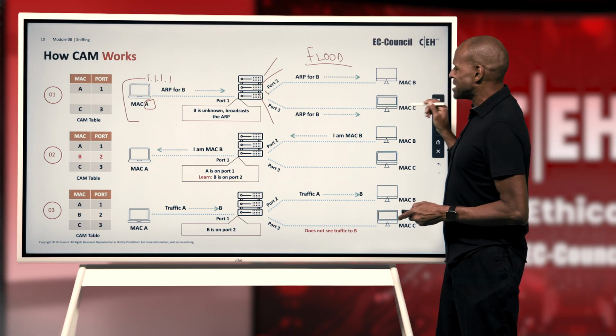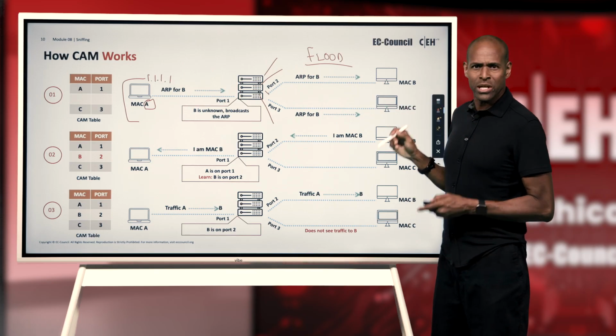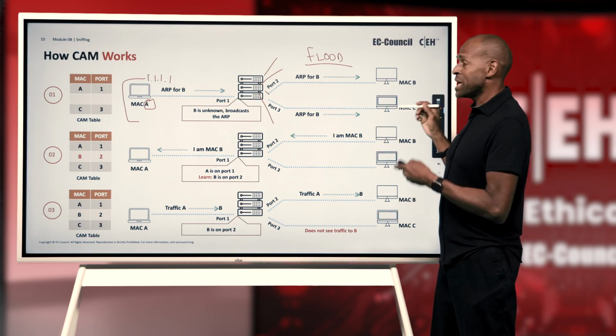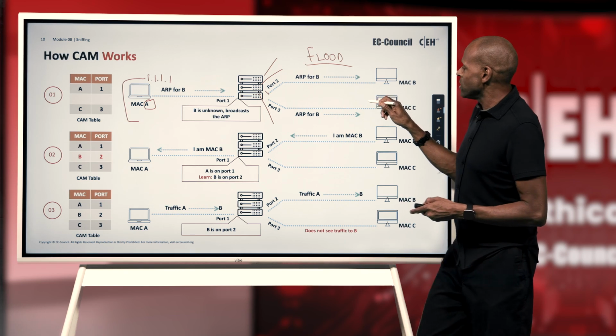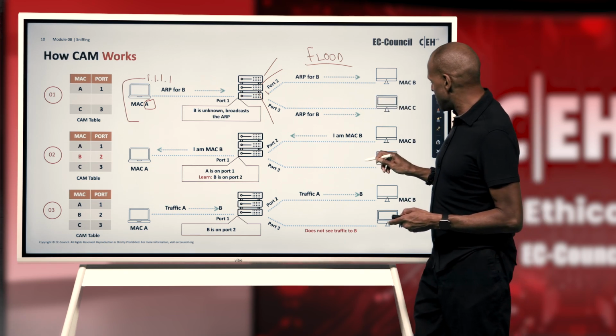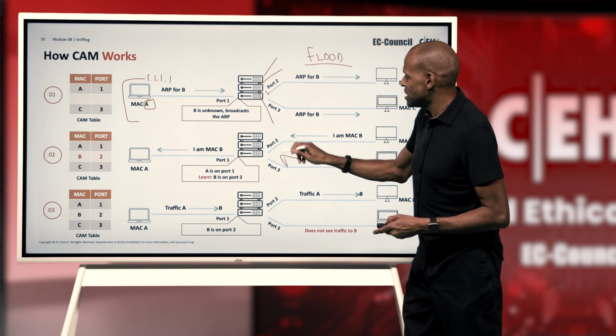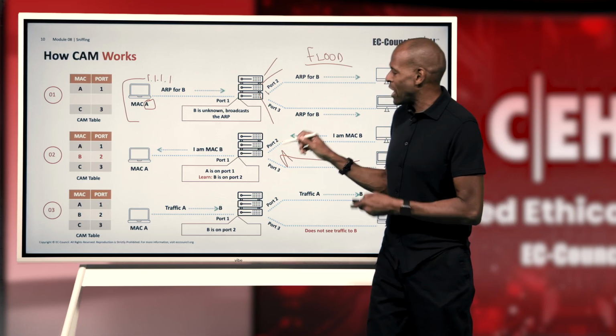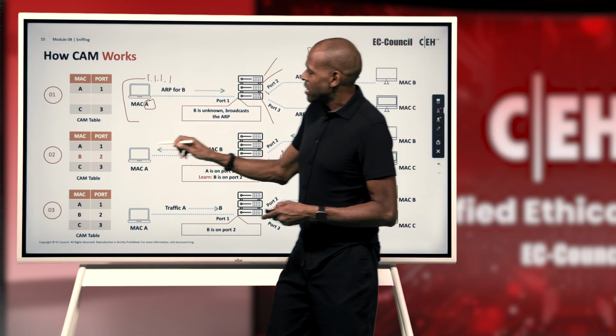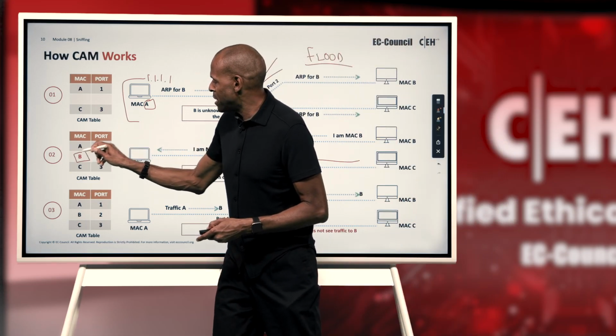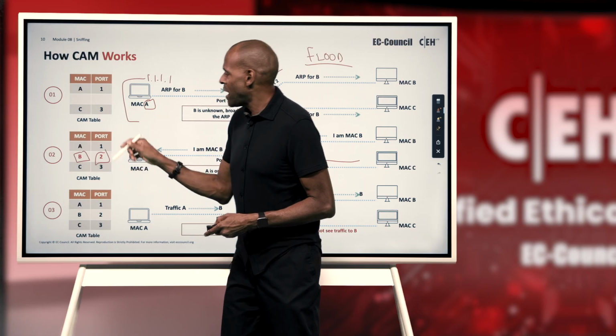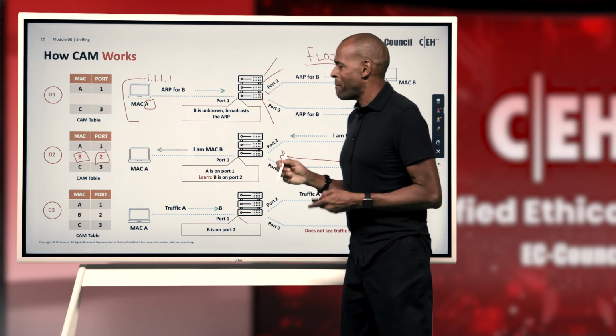But MAC-C, that is IP address 1.1.1.2, will say, yes, that's me, and it will send back a response into the switch, and the switch will now learn that a MAC address ending in B is on port 2, and then the MAC table will have that mapping in it.